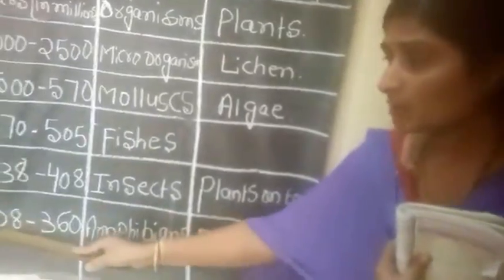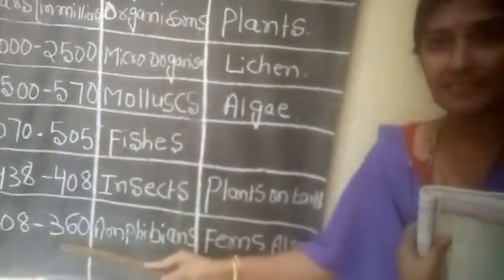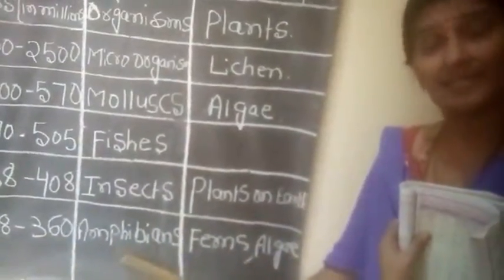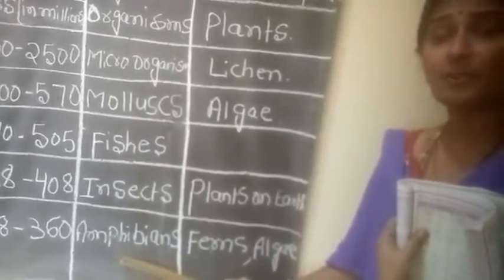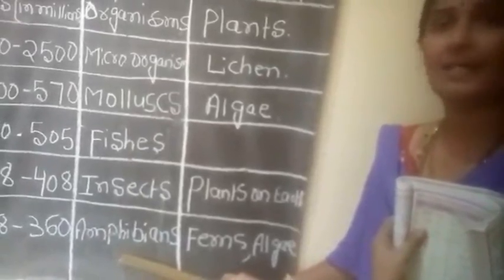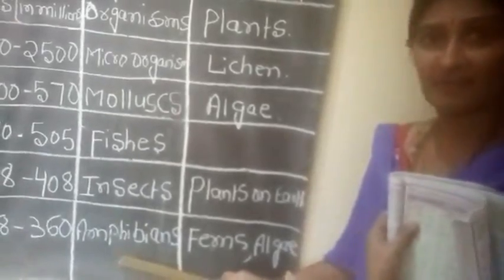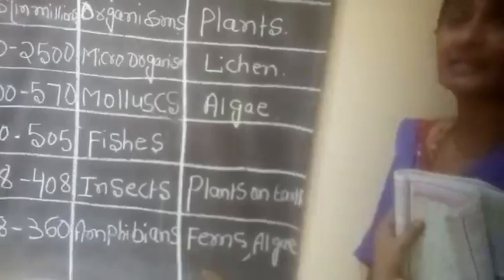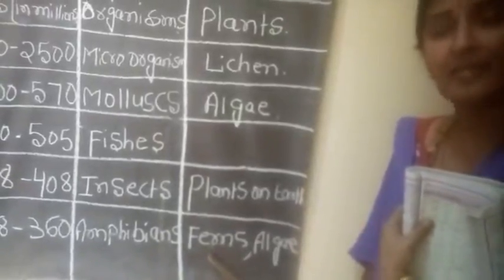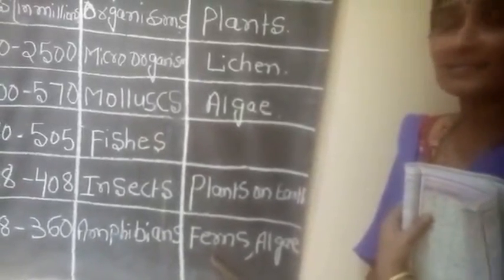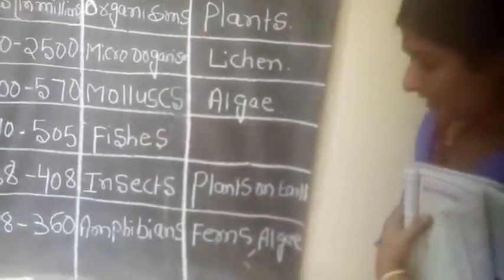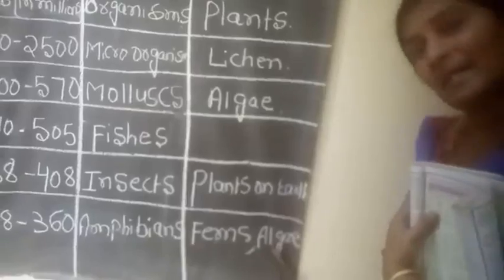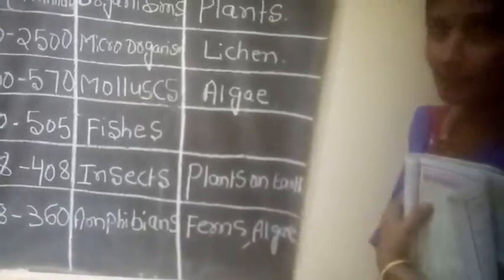From 408 to 360 million years ago, you find amphibians. Amphibians are the animals that can live both on land and in water. Example, frog. And ferns, I have told you, fern is a green plant. It bears no flowers. It has long thin leaves. And algae grows mainly in water.